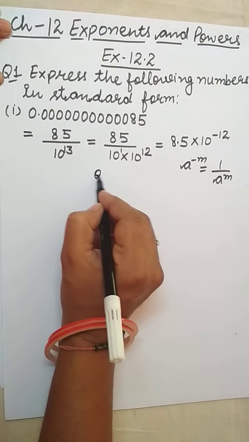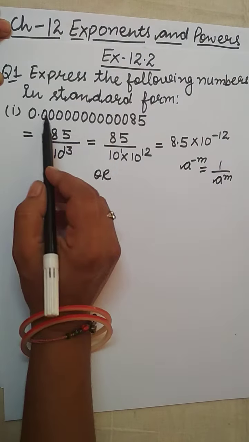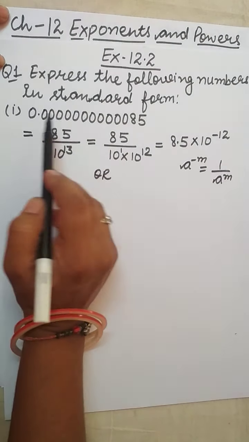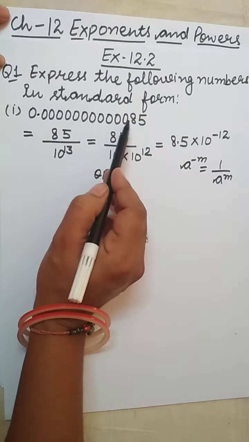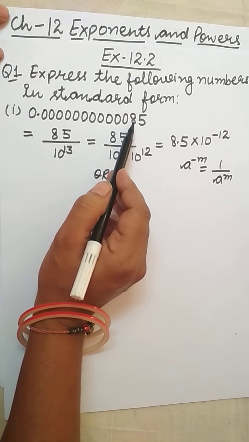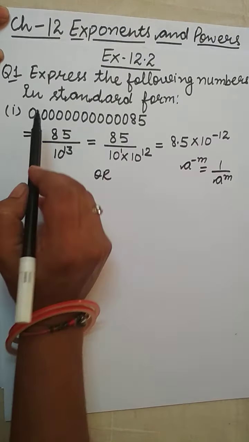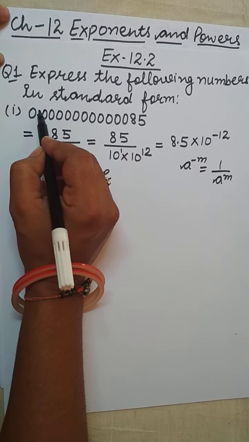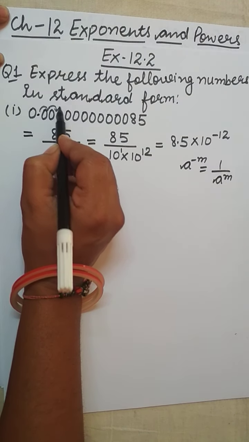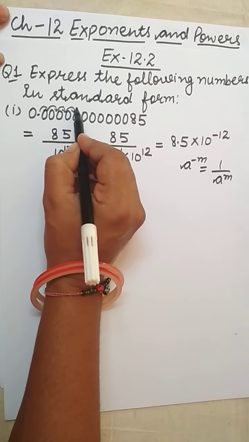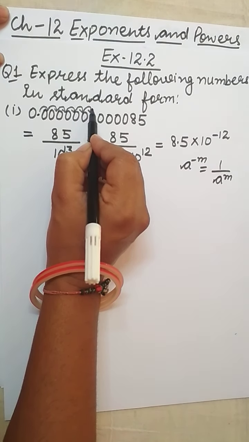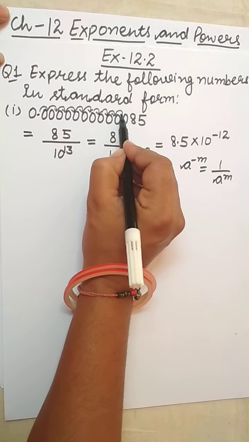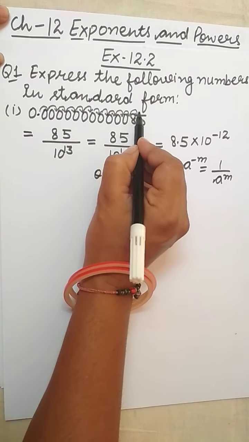Or we can also change this number into standard form by simply counting the digits from the decimal to the first non-zero digit. That is, as if I am shifting this decimal 1, 2, 3, 4, 5, 6, 7, 8, 9, 10, 11, 12.